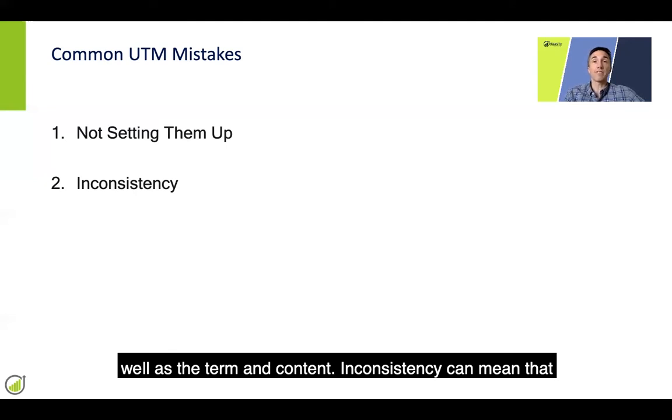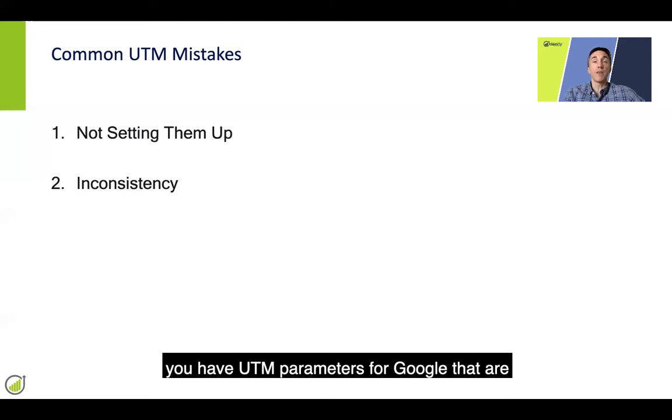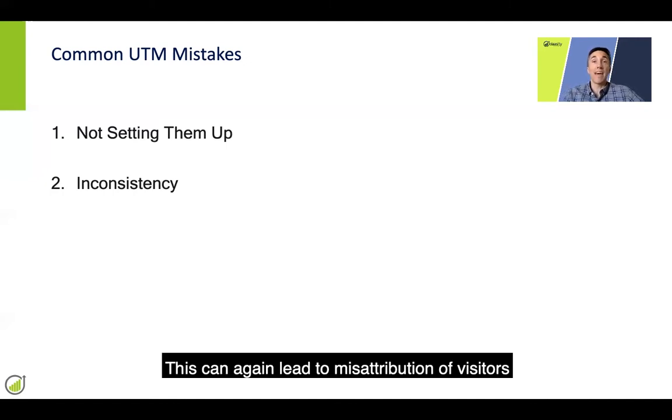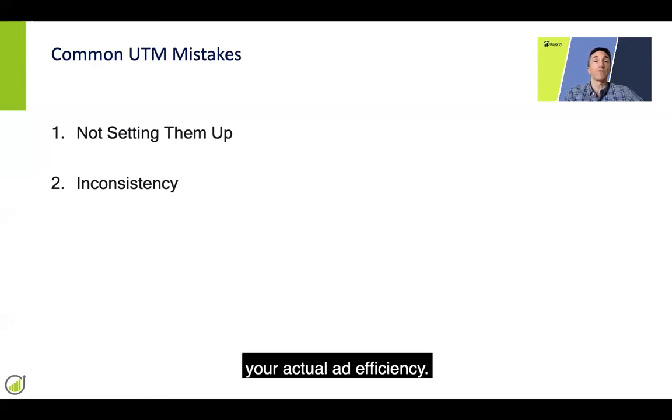Inconsistency can mean that you have UTM parameters for Google that are misspelled. Maybe your source parameter is missing an O, or maybe some are capitalized and some aren't. This can again lead to misattribution of visitors and orders, and can lead you to misunderstanding your actual ad efficiency.